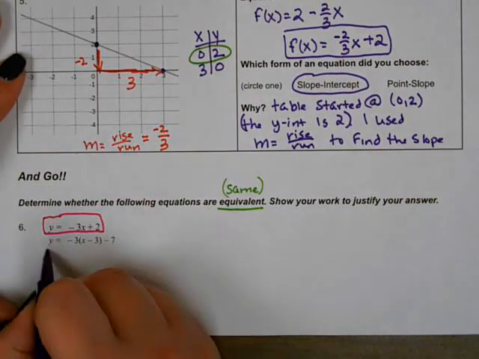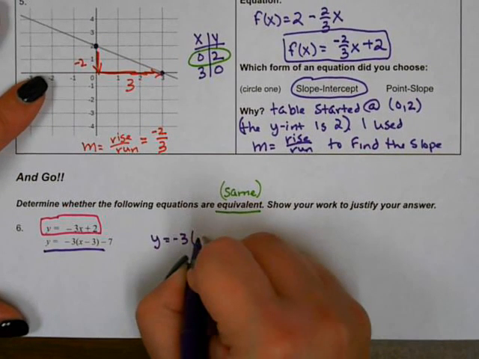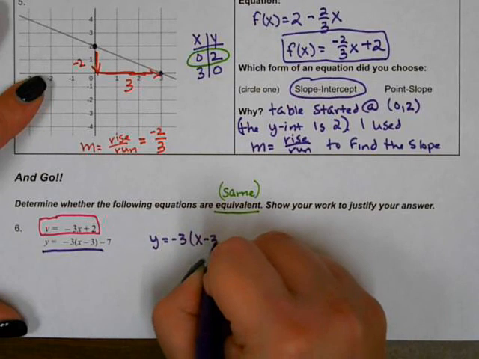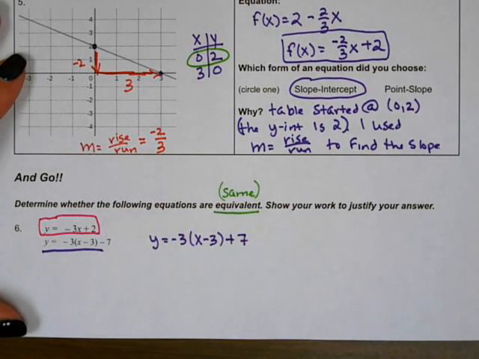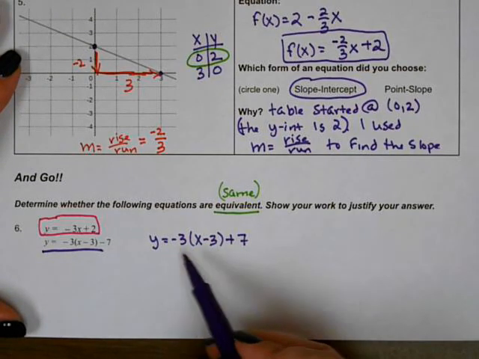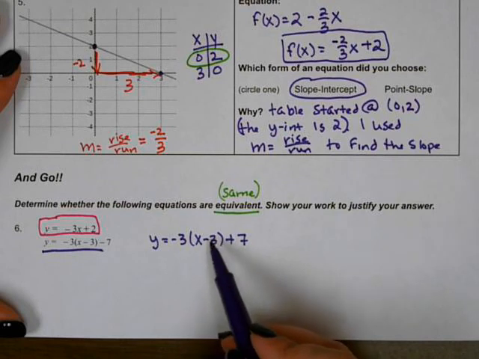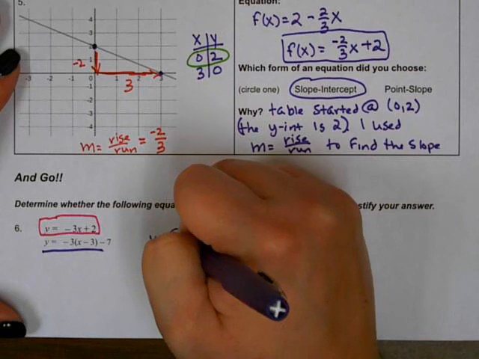The other one, however, y equals negative 3x, or sorry, negative 3 times the quantity x minus 3, plus 7, that we can actually do something with. So if we see parentheses, we have to be able to get rid of them. And since we can't actually simplify what's inside the parentheses, the way to get rid of that is to distribute what's in front.